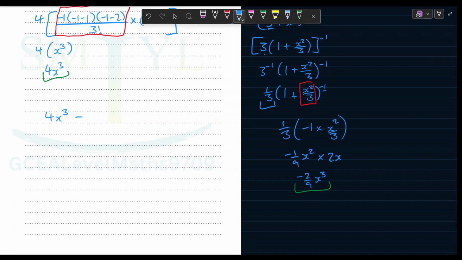So 4x cubed minus 2 over 9 x cubed. So that's 4 minus 2 over 9, which gives us 34 over 9 x cubed. And this means that therefore the coefficient of x cubed is 34 over 9, and that is our final answer.